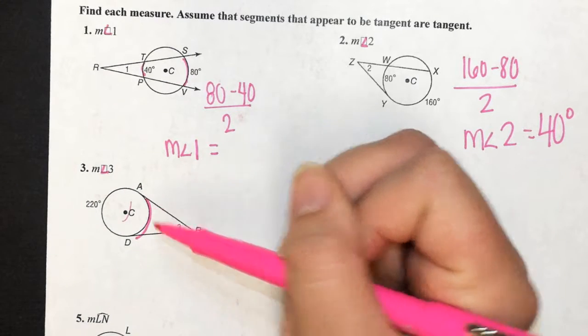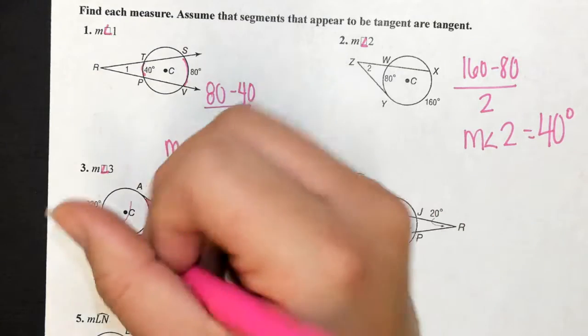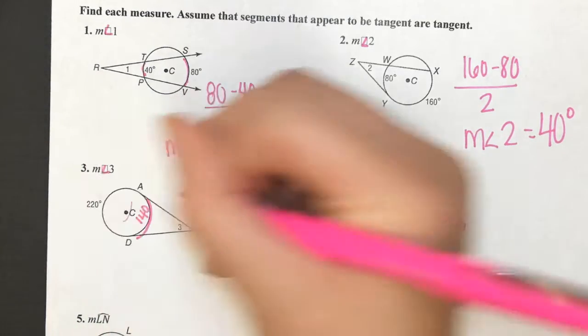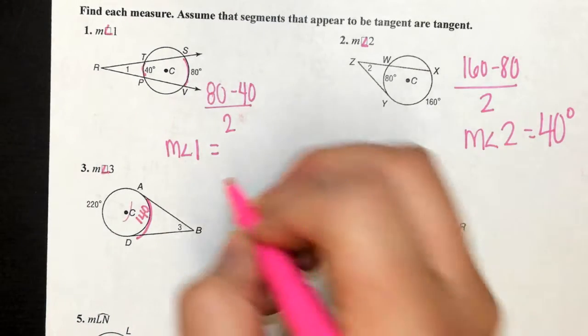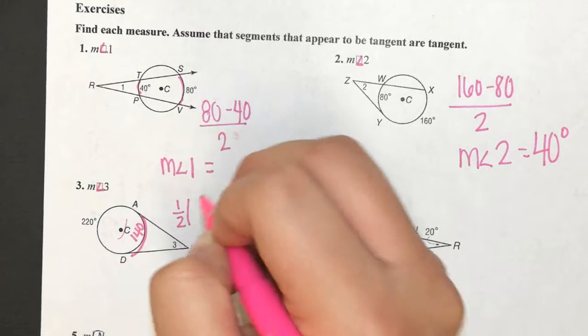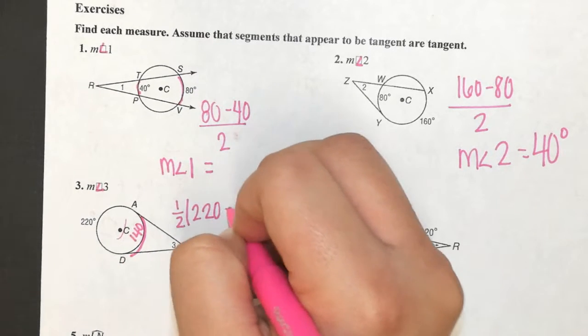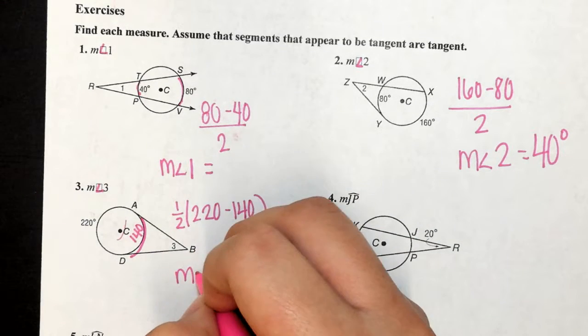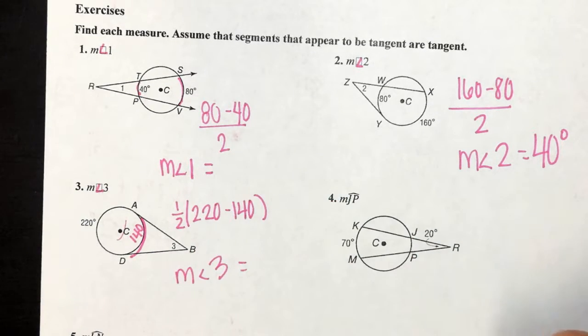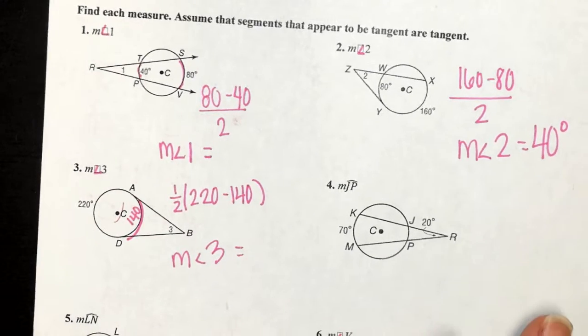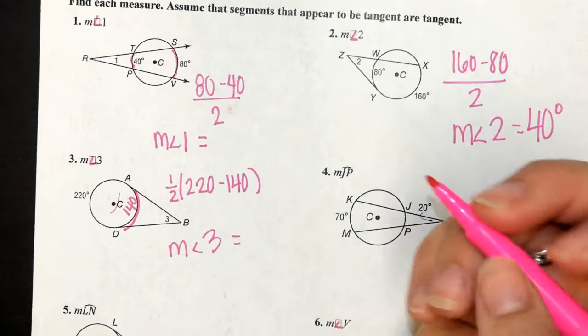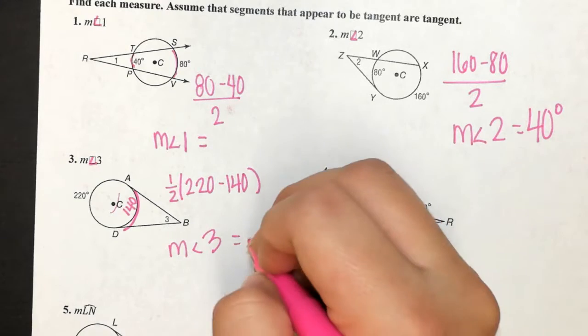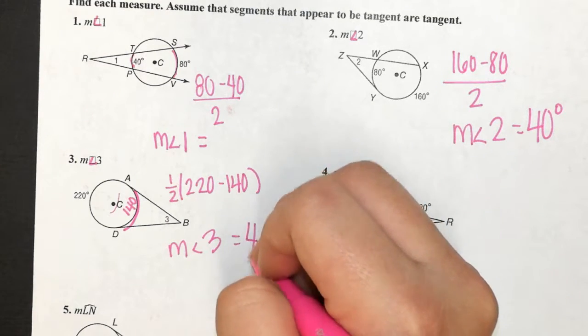So to find this arc, I do 360 minus 220, which tells me that this is 140. So now I can find it. 1/2 of 220 minus 140. Did I get 40?